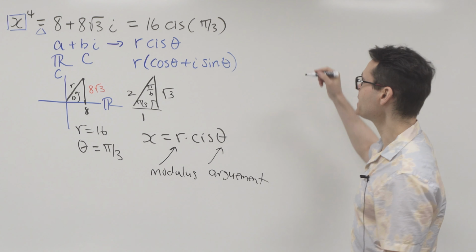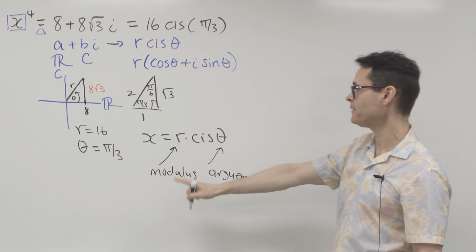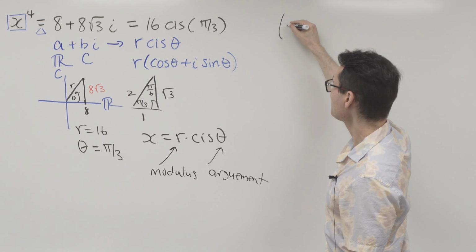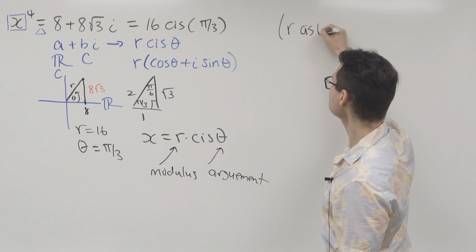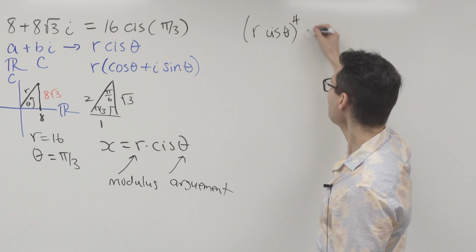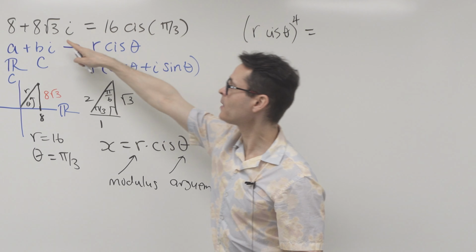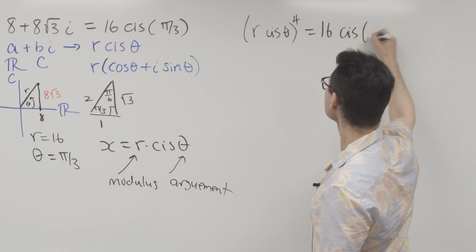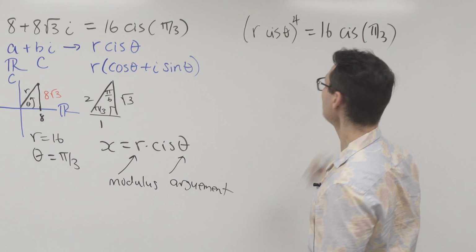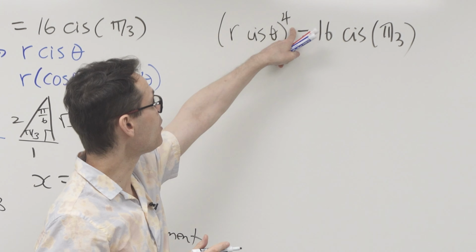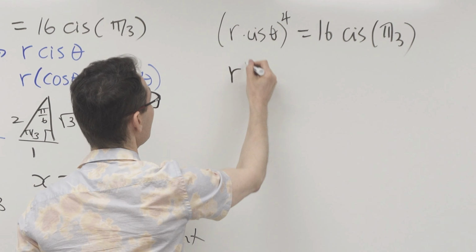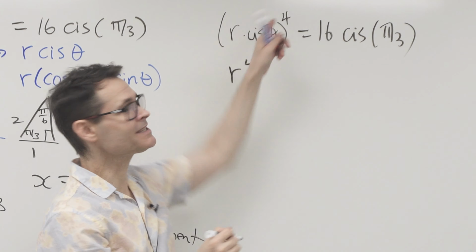Okay, so this boils down to doing a substitution on the x. I'm going to place r cis theta inside it. So I get r cis theta to the 4, and that's equal to the right-hand side, which was turned into 16 cis pi over 3. Now, if that's degree 4, you know from high school math that it could be written as r to the 4 times cis to the 4.